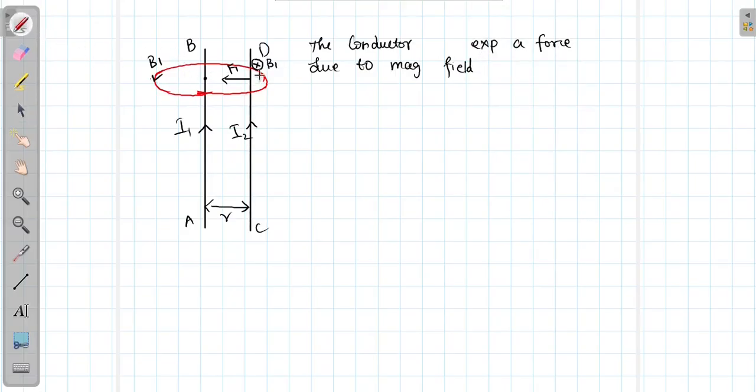See what happens now: the conductor CD produces a magnetic field at this point.